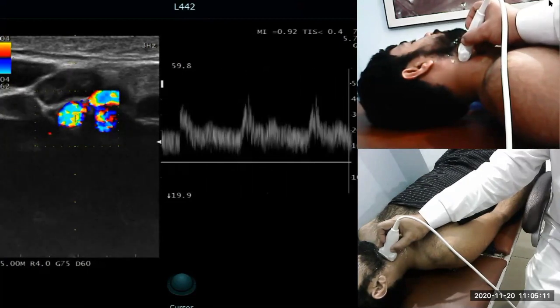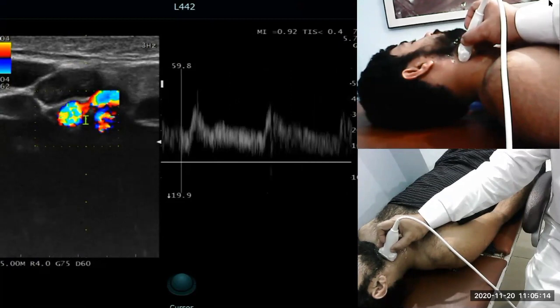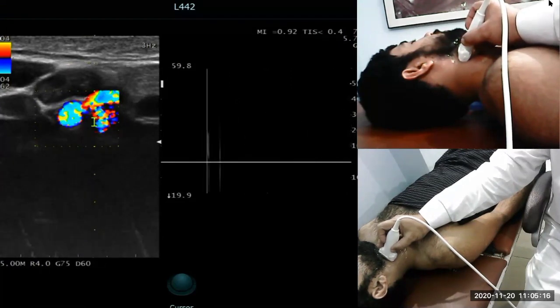Now I am moving my sample to the other branch.